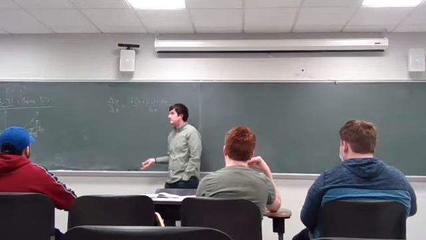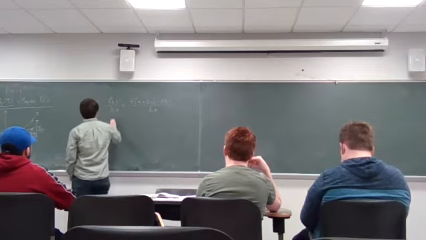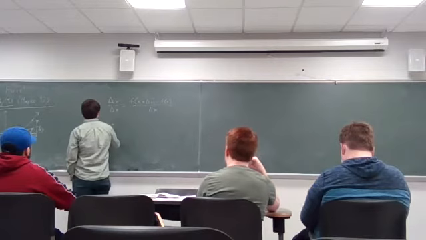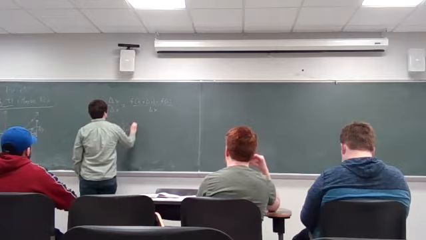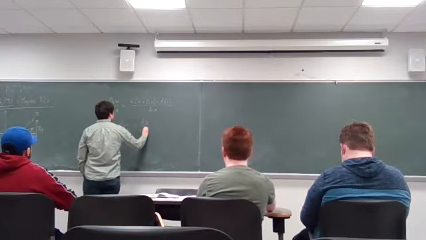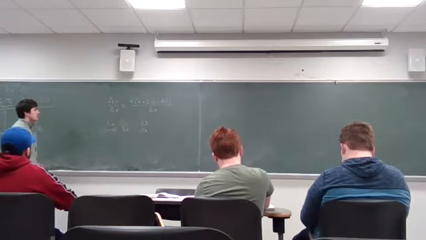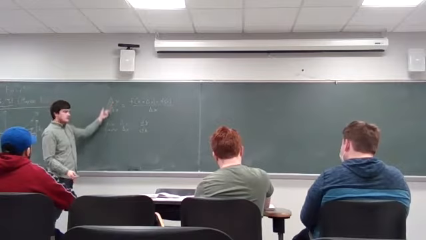And then we could take the limit of that. So if we took the limit, as delta x approaches 0, of delta y over delta x, we get dy over dx, right?